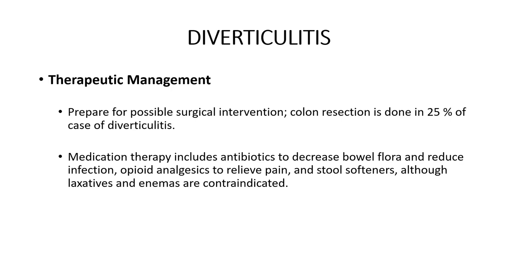Antibiotics that you may see on the unit would be ciprofloxacin, that's the Cipro, the quinolone. You may see Flagyl, metronidazole. You may see Bactrim. All of those are broad spectrum antibiotics, and that will decrease the bowel flora. So those you would see with people with gut issues.